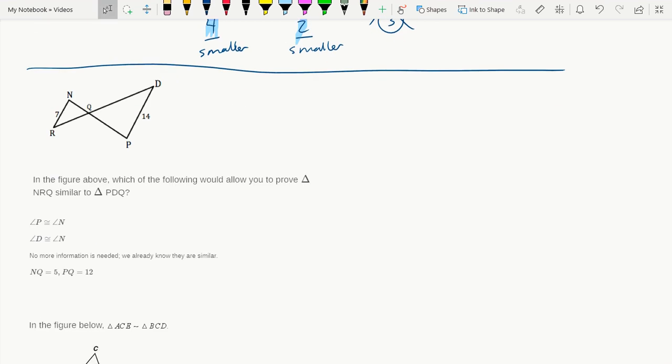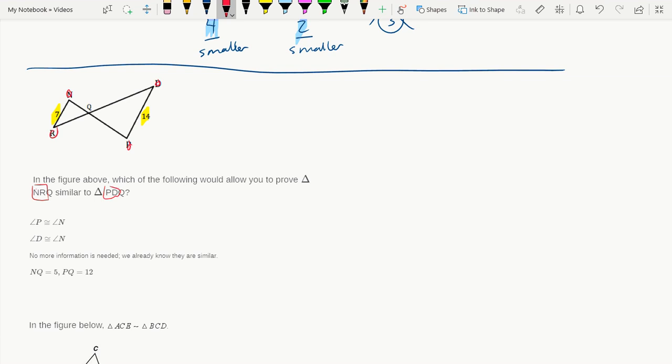In the figure above, which of the following would allow you to prove triangle NRQ is similar to triangle PDQ? All right, so I know that I've got a 7 and a 14. And by the way, let's make sure: that's NR and PD.